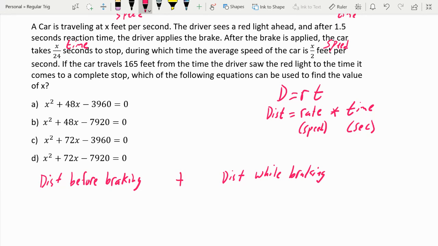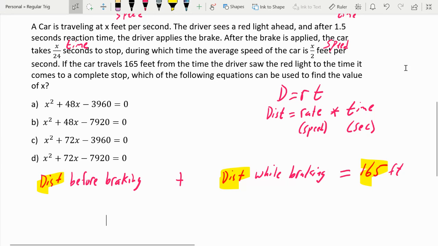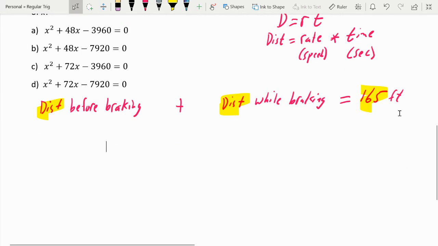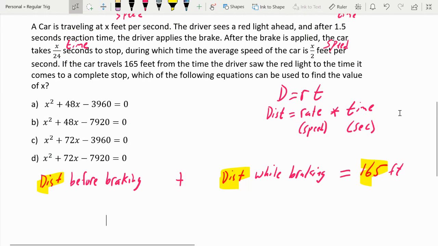If I add those two together, that's going to give me 165 total feet. It's going to give me a distance. So distance is equal to distance. Let's do a little bit of organizing.